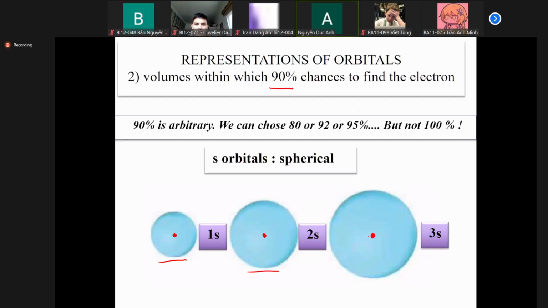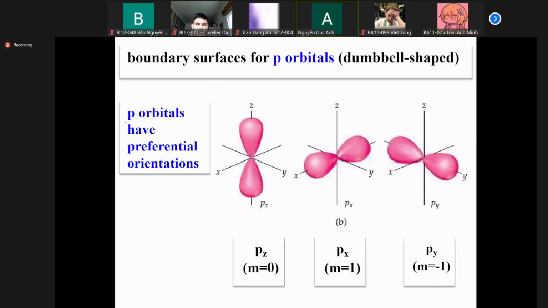The second one, p orbitals. Normally you have a dumbbell shape. If you go to gym training, you will use dumbbells a lot, right?